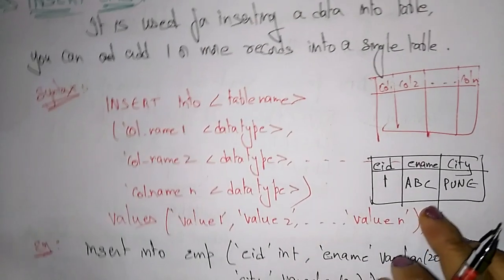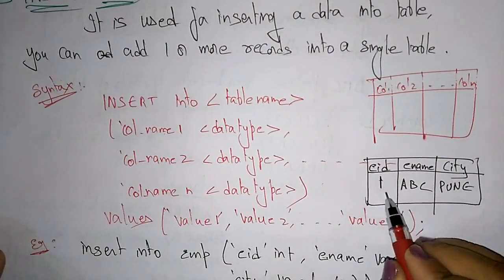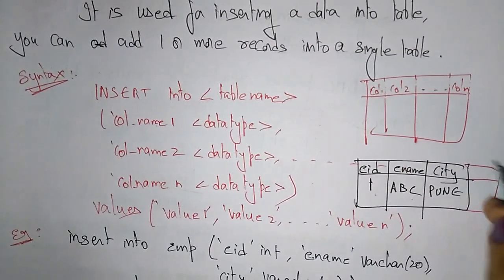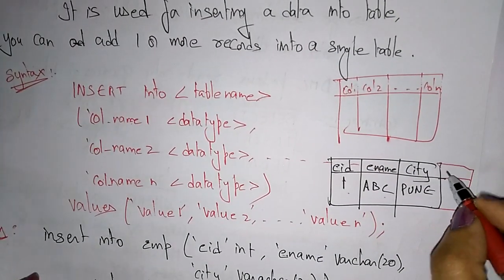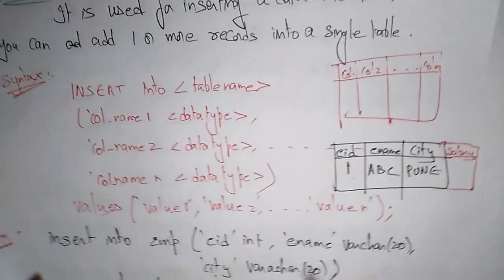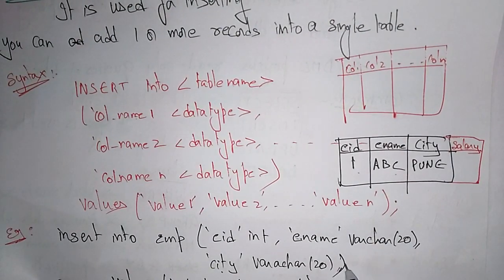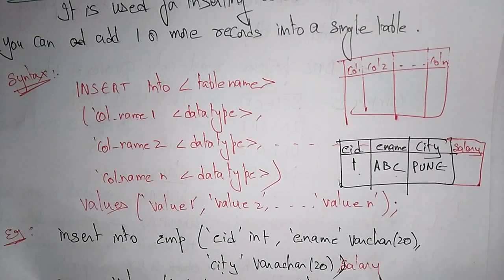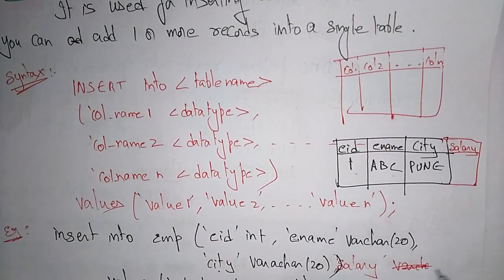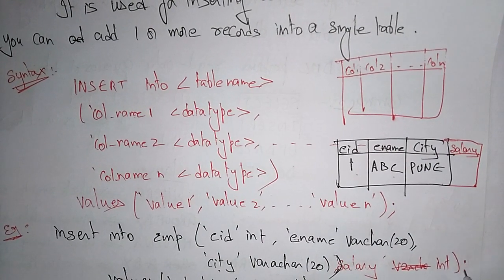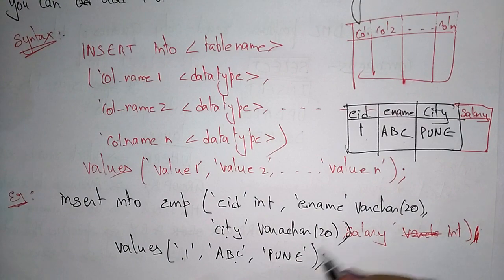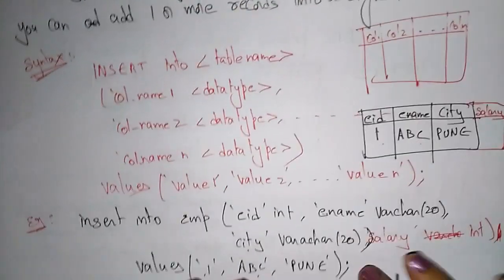Previously I inserted these values. Now one more column will be added, that is salary. Suppose I inserted salary also; salary is not varchar, it is only integer, int. Previously I entered some value here, or I didn't enter anything.